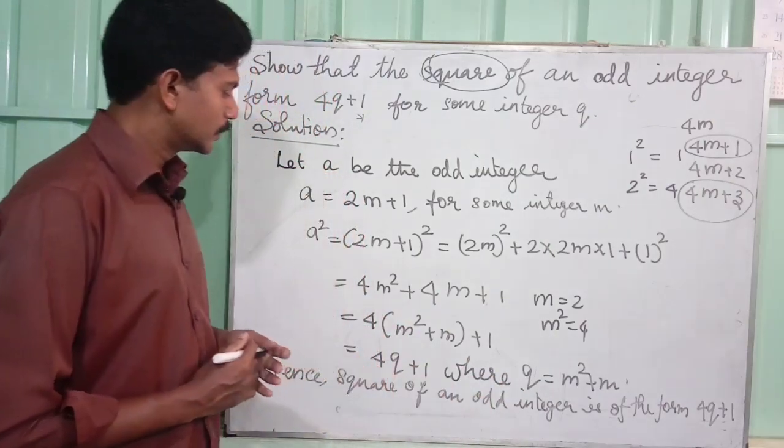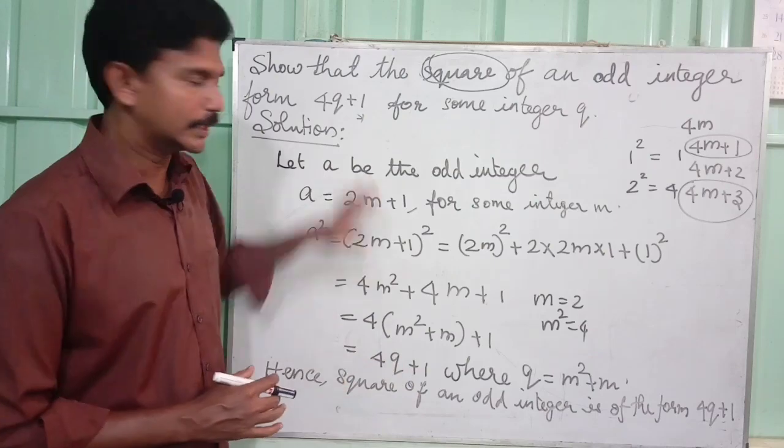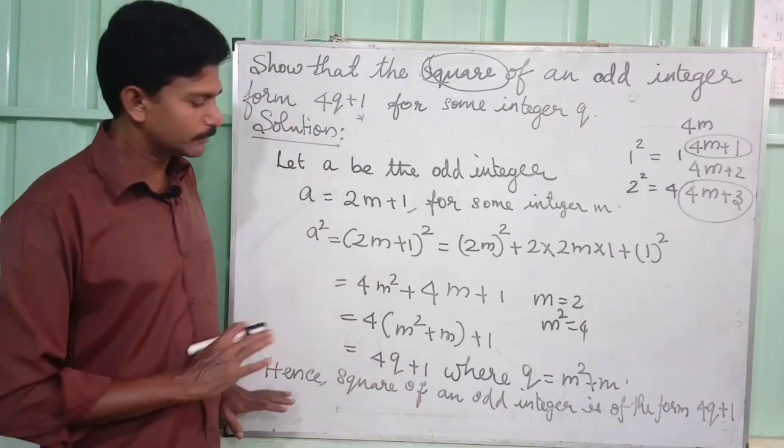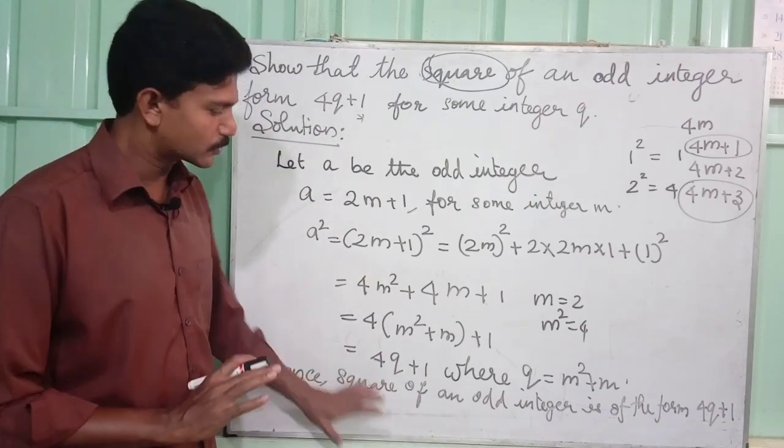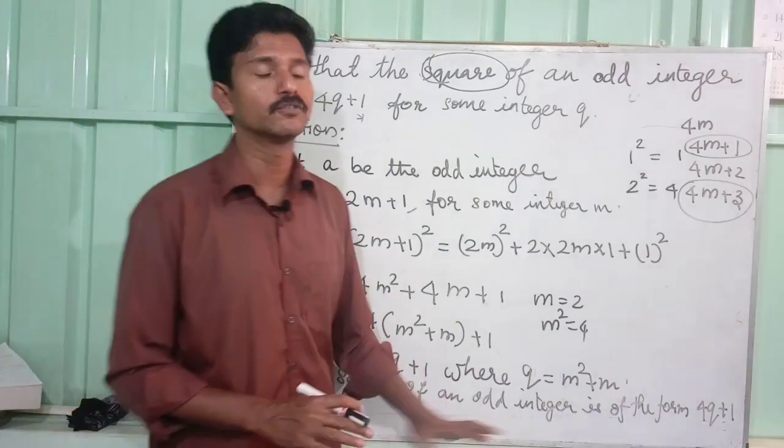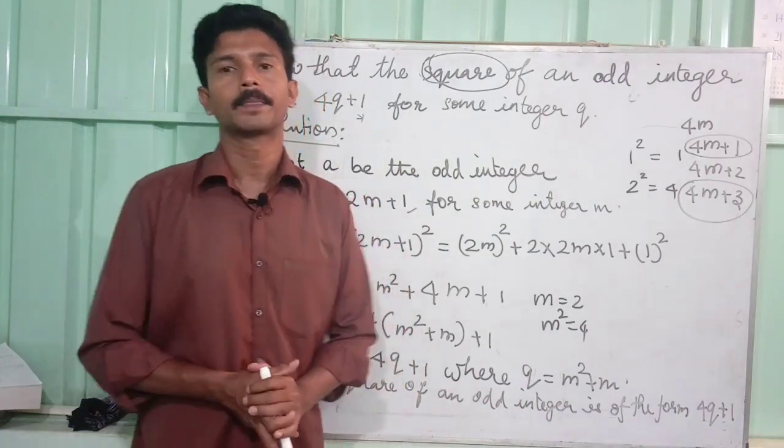So finally we get the answer. Hence the square of an odd integer is of the form 4q plus 1.